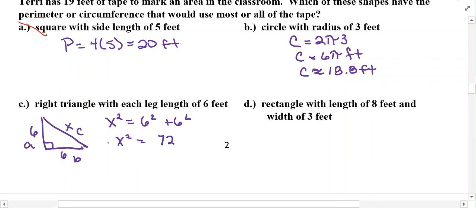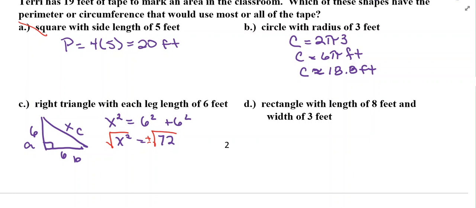To solve this, I would have to radical or square root both sides. All this year, I'm going to put the plus or minus in front of the square root when you do this type of problem because there are two answers to it. I know we're looking for a measurement for a geometric figure, so all we're going to use is the positive answer.